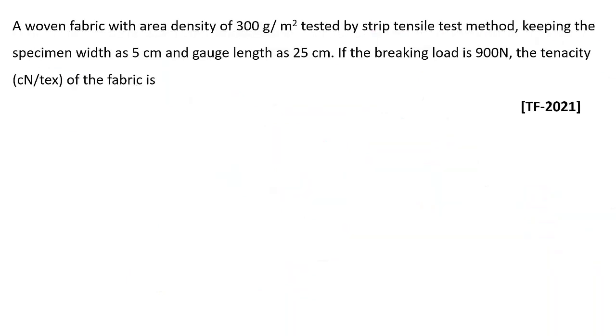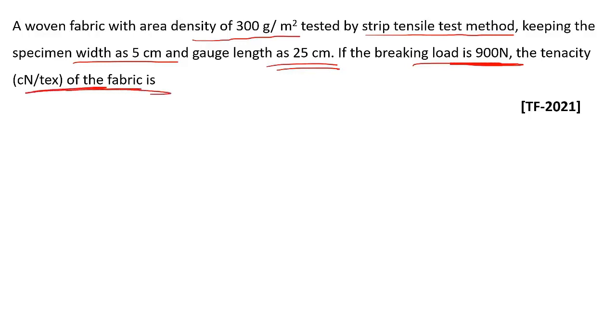A woven fabric with area density of 300 gram per meter square is tested by strip tensile test method, keeping the specimen width as 5 cm and gauge length as 25 cm. If the breaking load is 900 Newton, then the tenacity in centinewton per tex of the fabric is? So this is a textile testing question.